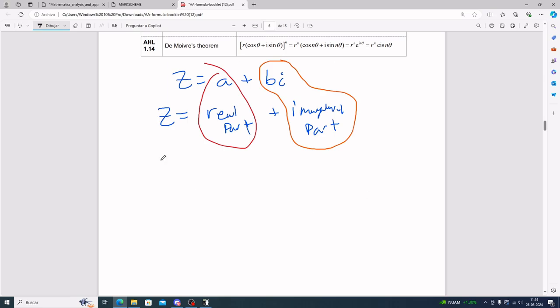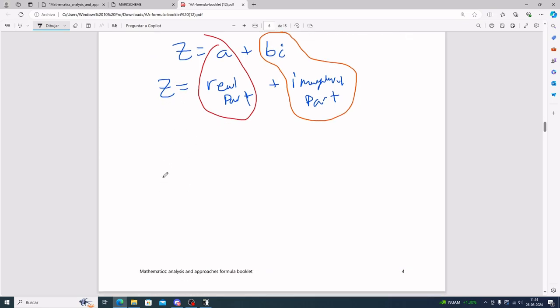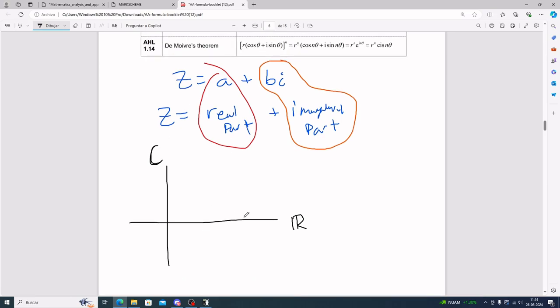And so if you were to graph this, usually imaginary numbers get graphed as vectors. On the one hand you would have your real part, and on the other hand you would have the imaginary part. So here you have a, and over there you have your bi. This is like the OG.